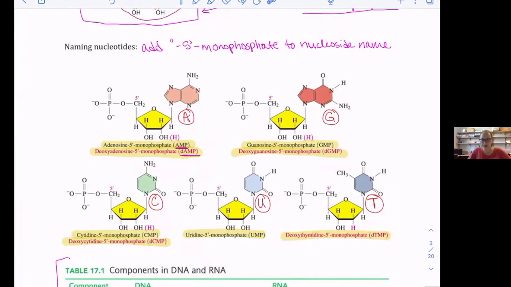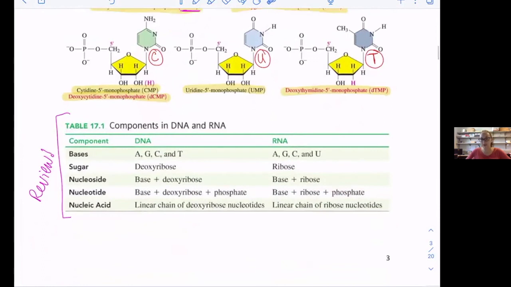So we have guanosine here with the guanine base. We have cytidine here with the cytosine base, uridine here with the uracil base, and this one only has the deoxy form because it's T, so it's in DNA.